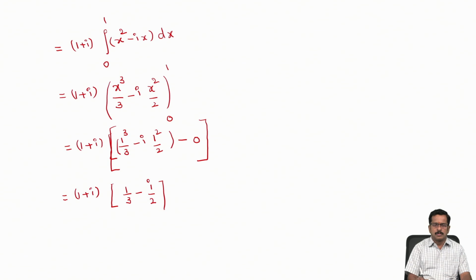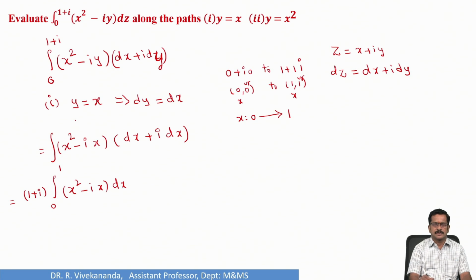That's all. This is the solution. This is the way of finding integration for complex functions. Similarly to how we evaluate integration for real valued functions, in the same way you evaluate integration for complex functions also.